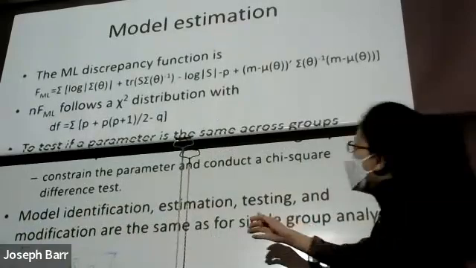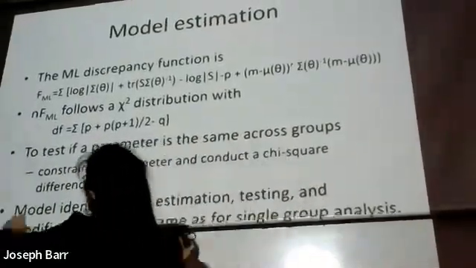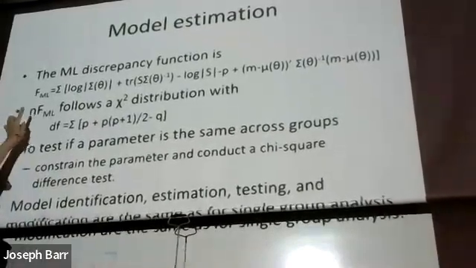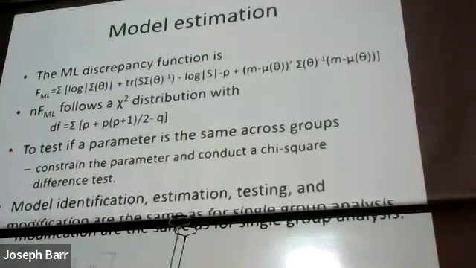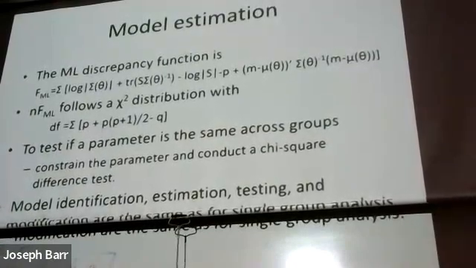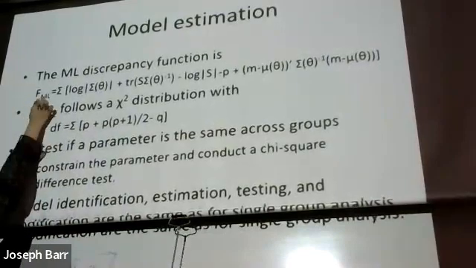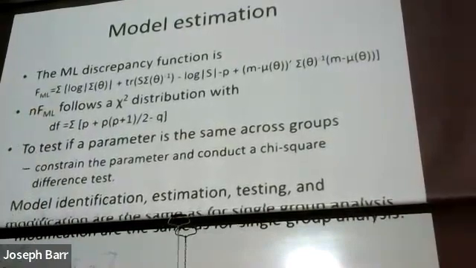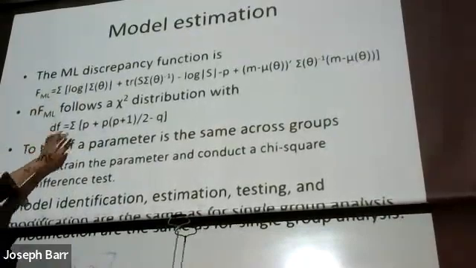What are the degrees of freedom? Just like the single group analysis, we know that sample size times FML follows a chi-square distribution. This is a statistical asymptotic distribution. Okay, so this value, sample size times this FML, follows a chi-square distribution. What is the degrees of freedom? This is the degrees of freedom.